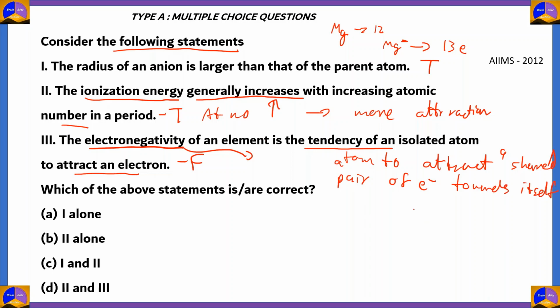And this is evident in water. The two shared electrons from hydrogen are actually closer to oxygen than to hydrogen, and that makes oxygen electronegative and hydrogen electropositive. So this is the definition of electronegativity, the tendency of an atom to attract a shared pair of electrons towards itself. So statement number 3 is false.